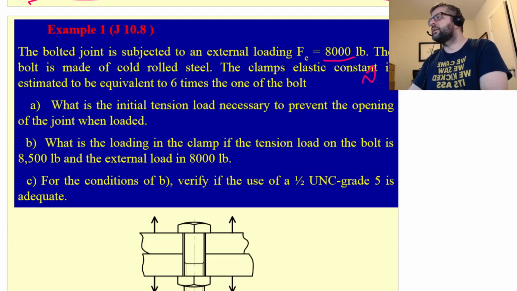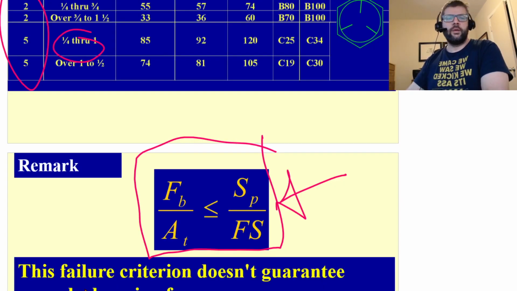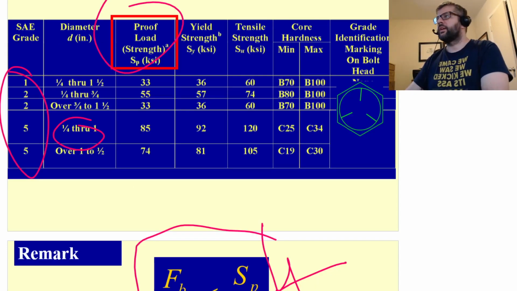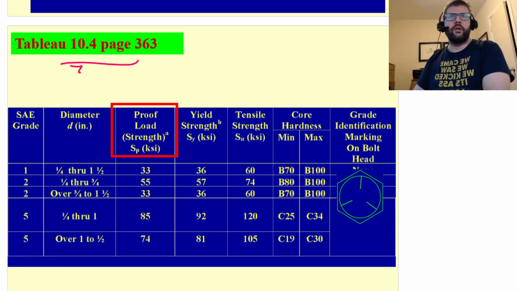Well, I think we can scroll up. Okay, here we go. We can have a look at this table here, which was again taken from Juvinall, table 10.4. Here we've got the grade 5 half-inch.